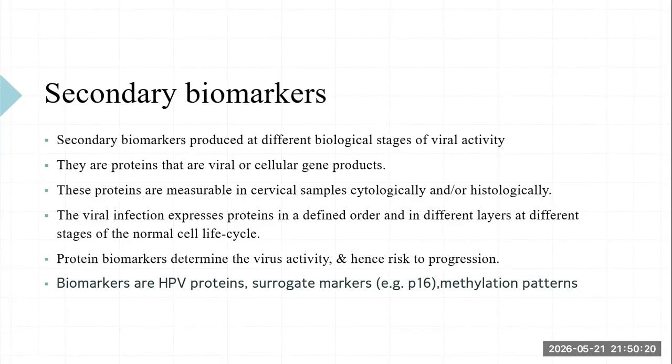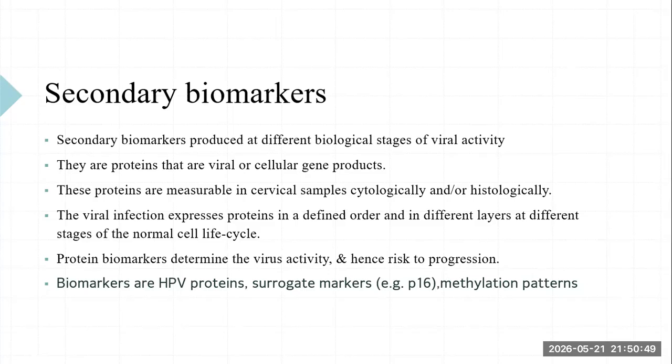In simple terms, when the virus infects the cervical epithelium, first of all it has to meet the body's immunity, which comes in the form of P53 and the retinoblastoma gene. When the immunity is weak, these two factors are not able to control the infection, and hence the HPV virus starts multiplication.